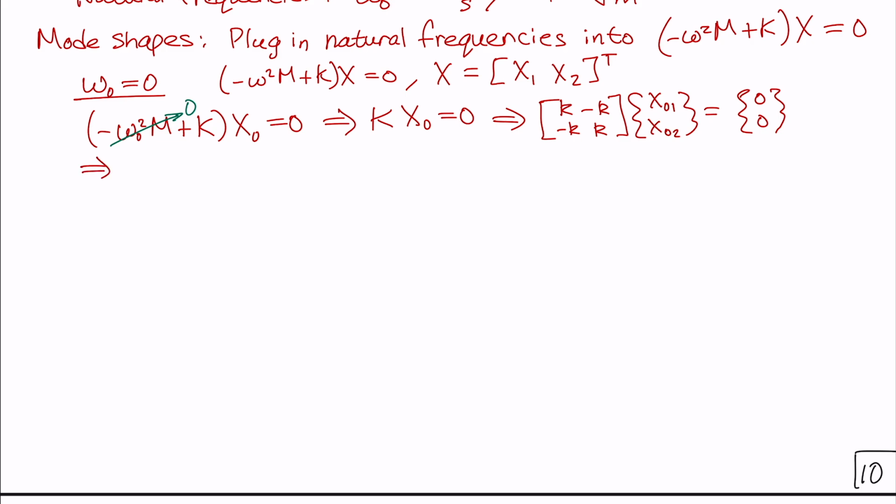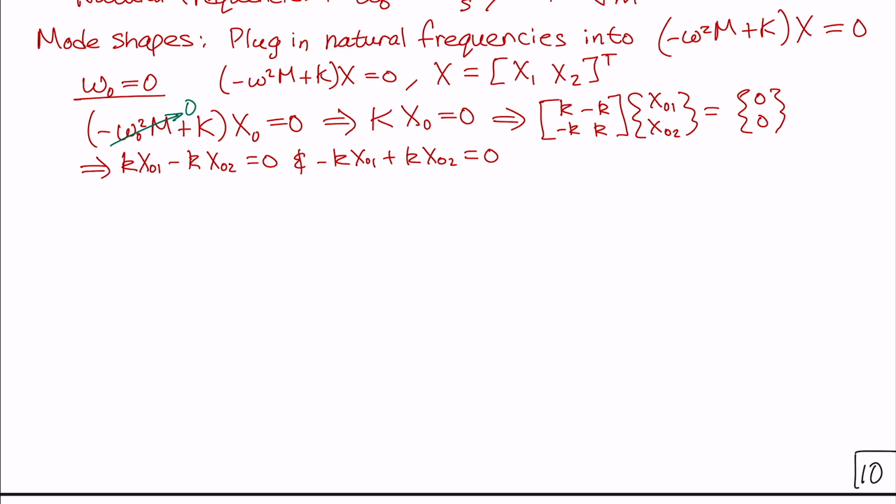From there, carrying out this matrix multiplication, we'll get two equations: k x01 minus k x02 equal to 0, and minus k x01 plus k x02 equal to 0.